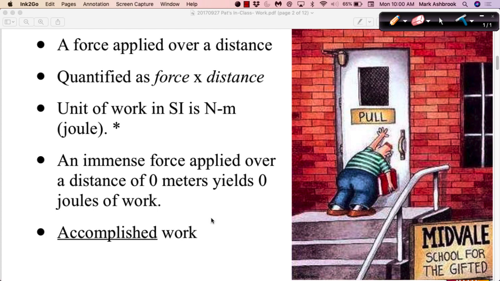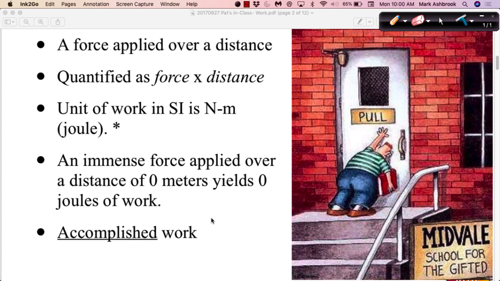Okay? So have I done any work on the chair yet? Okay, now how about now? Yep. And what about now compared to before? What's happening to the amount of work I'm doing? Isn't it increasing as I increase in distance, right? So what is that theme?